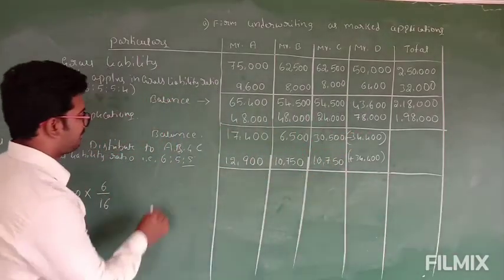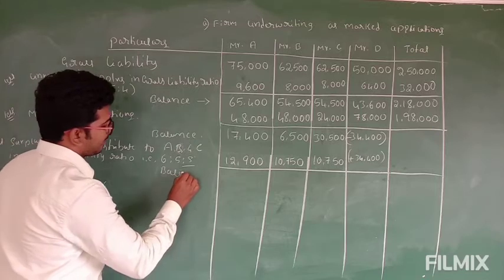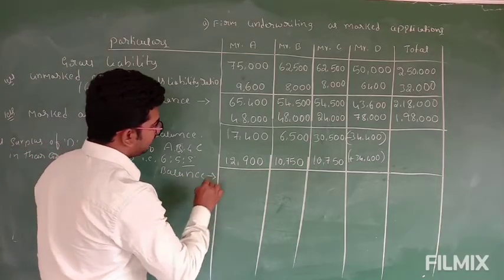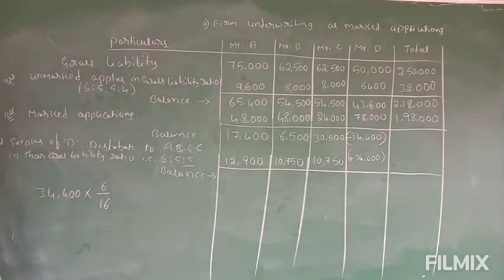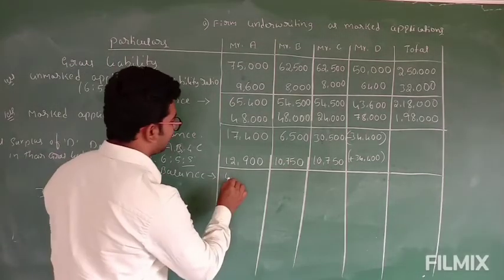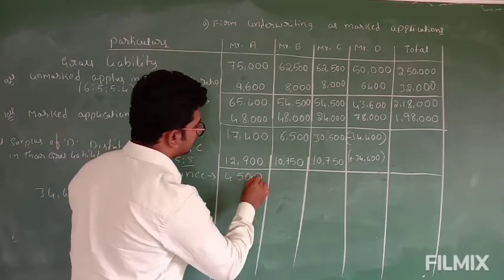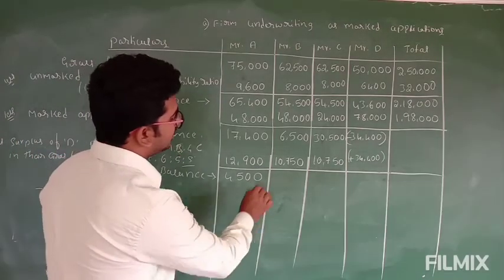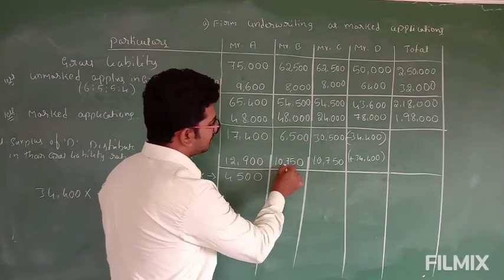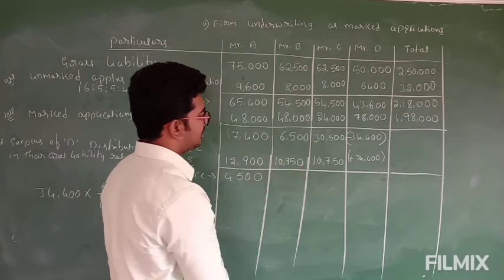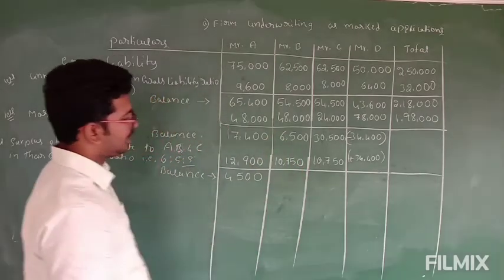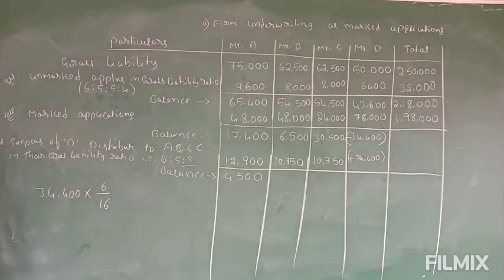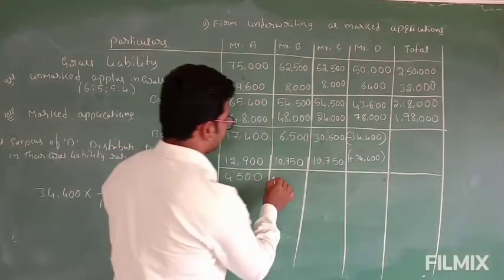Again we make the balance. 17,400 minus 12,900 will get 4,500, positive only. Here again we get negative, because 10,750 minus 6,500 will get exactly minus 4,250.